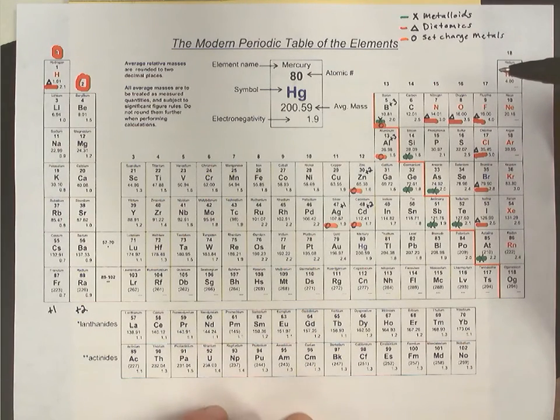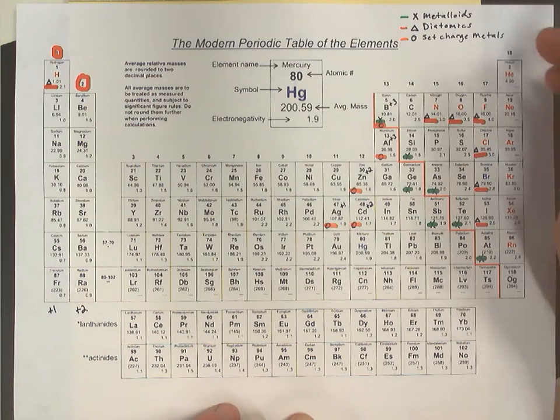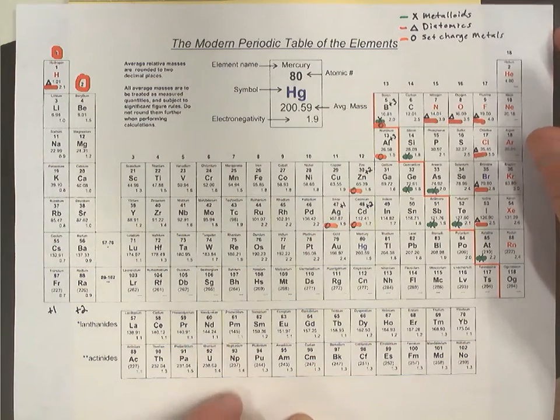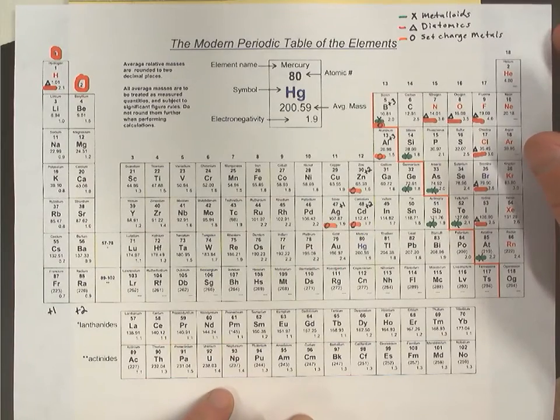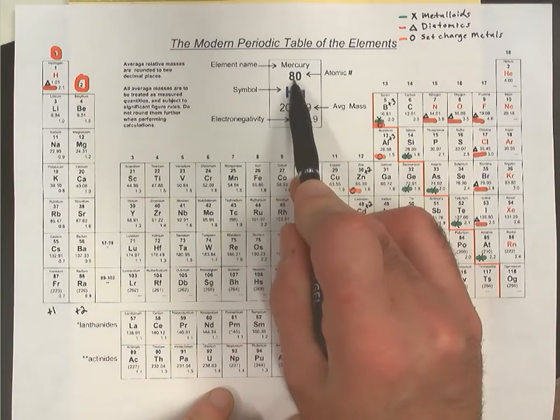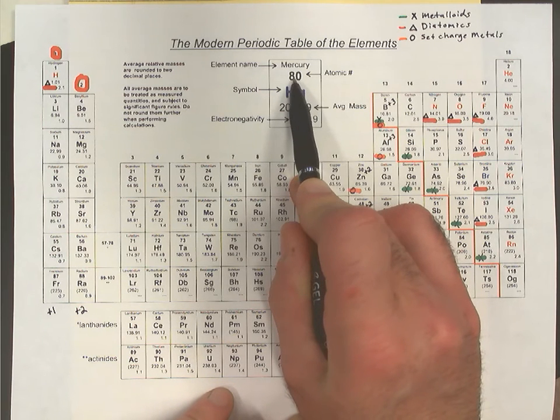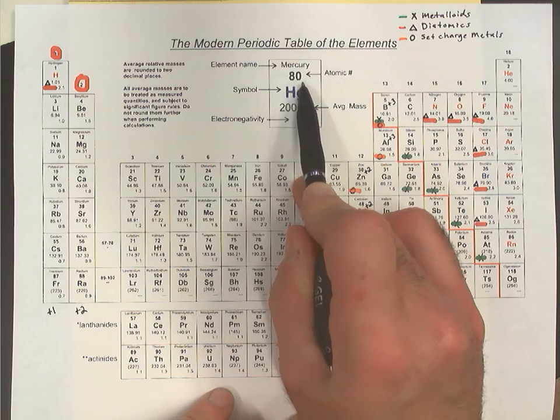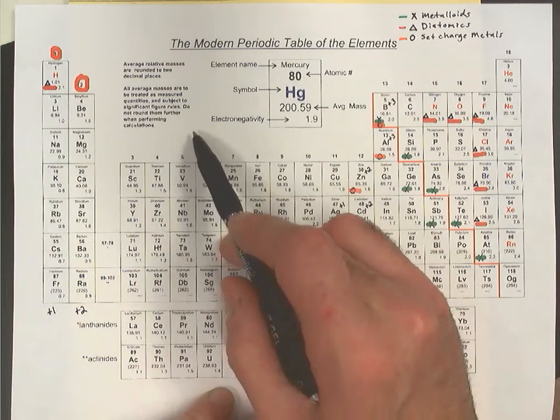If we have a positive charge, that means that we lost electrons. So if it's a +1, there's 1 less electron than proton. If it's a +2, there would be 2 less electrons than protons, and so on.